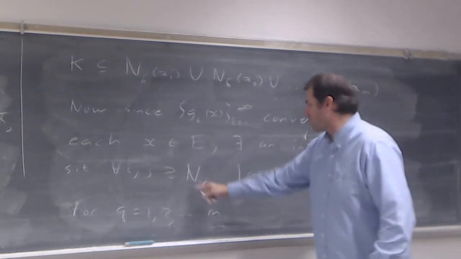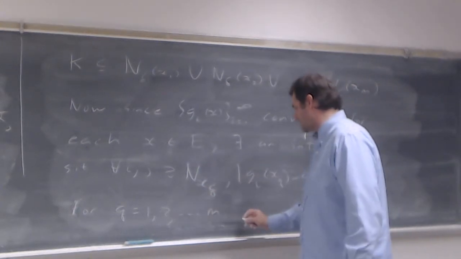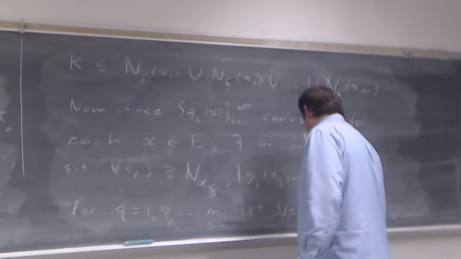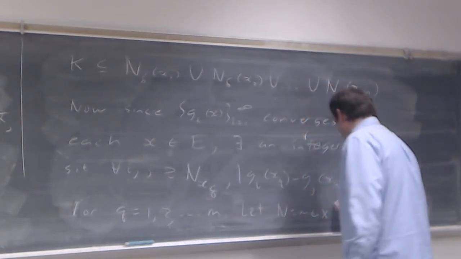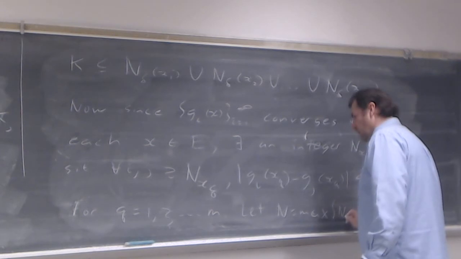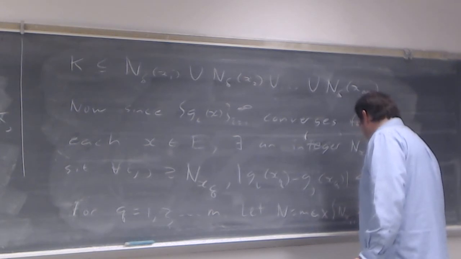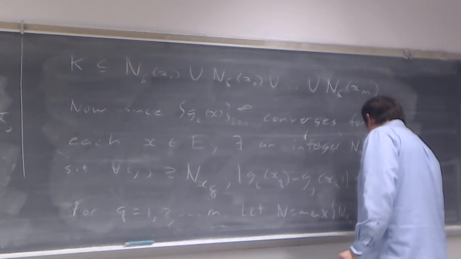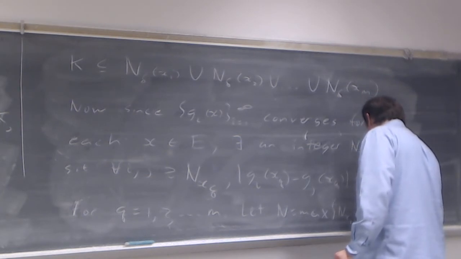Now, that means we only have finitely many of these n's. So we're going to let big N equal the maximum of n sub x sub 1, n sub x sub 2, all the way up to n sub x sub m.